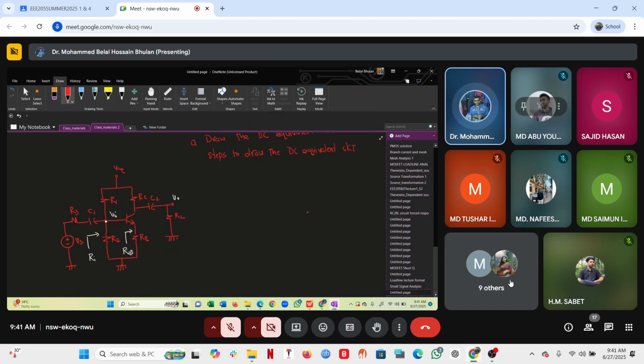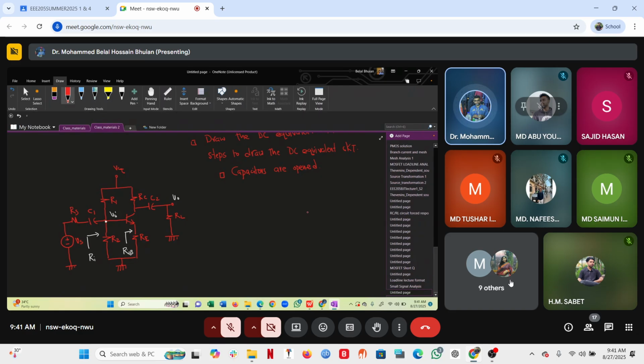Number one, capacitors are opened, because to a DC signal, we know that capacitors are treated as open circuit.